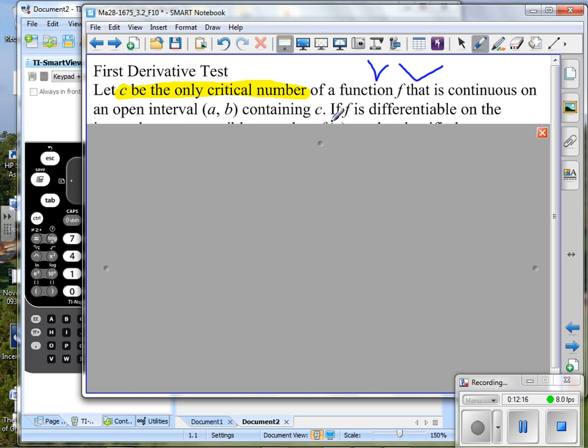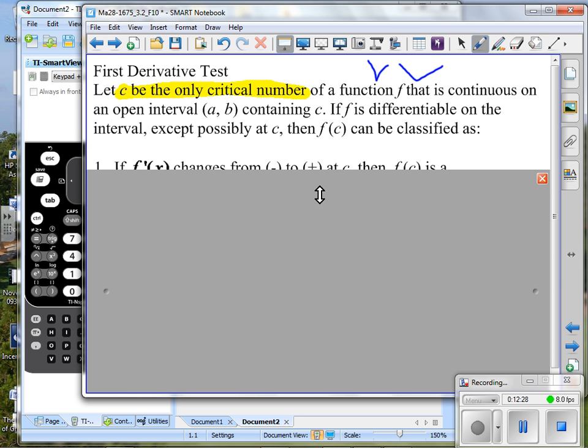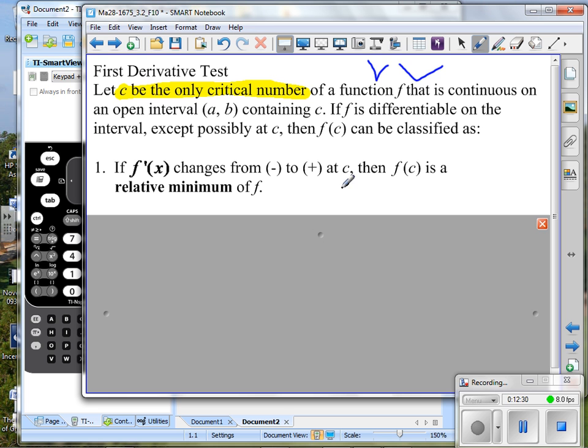But if it's not one of those, if it is differentiable on the interval, except possibly at C, because again, it has to be equal to 0 or undefined, then if the first derivative changes from negative to positive, we have a relative minimum.